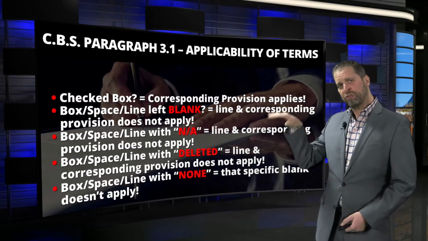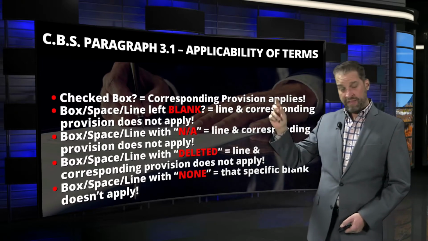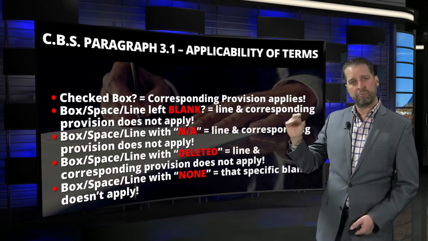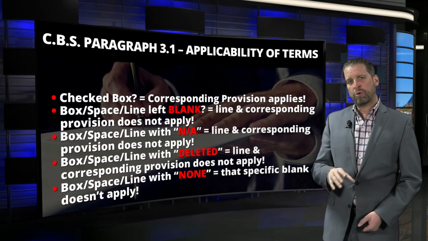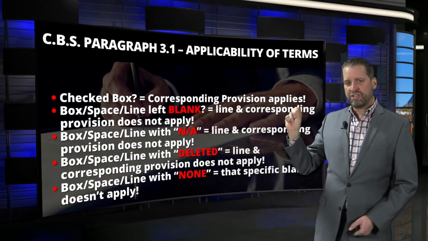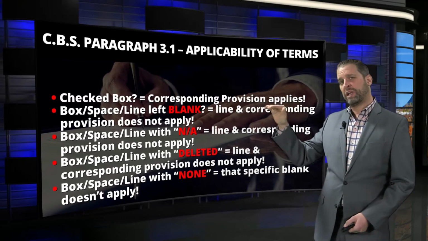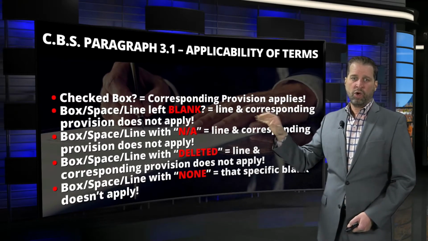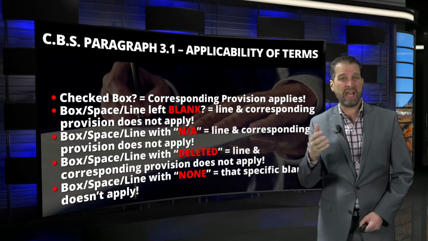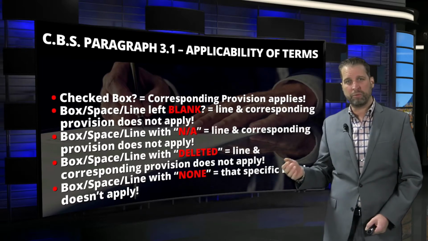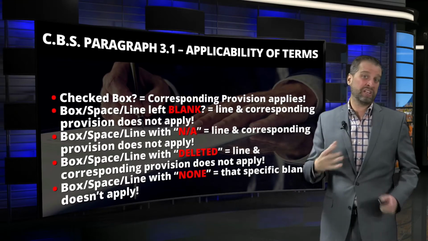So first of all, what it says is if there's a checkbox to be checked, and that box is checked, then the corresponding provision to that checkbox applies. All right, and here's where it gets more and more important: in a situation where there is a box, a space, or a line that is left blank, or a box, space, or line that is completed with the abbreviation NA, or not applicable, I think is what most people use there, or there is a box, blank, or line that says deleted.